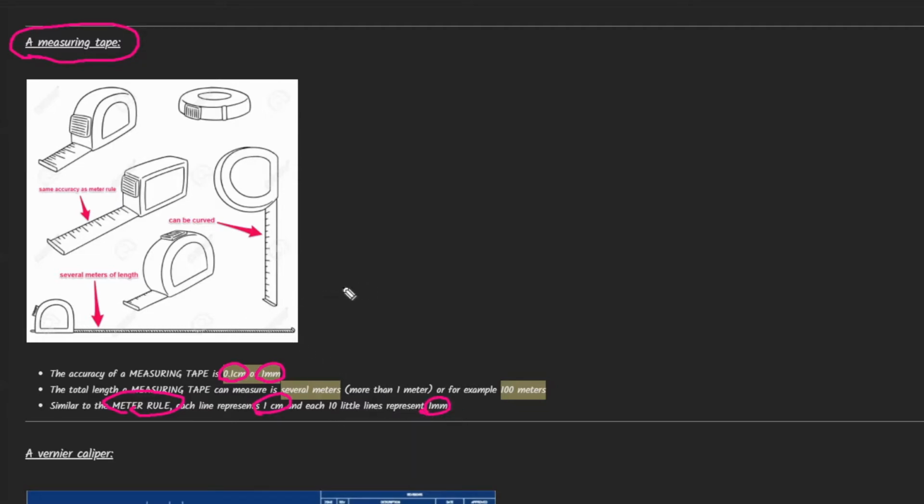It's the exact same as the meter rule. The only difference is that the measuring tape does not measure only 1 meter, but it measures more than 1 meter, for example 100 meters. So a measuring tape can be used to, for example, measure the length of a field instead of just measuring 1 meter of an object.